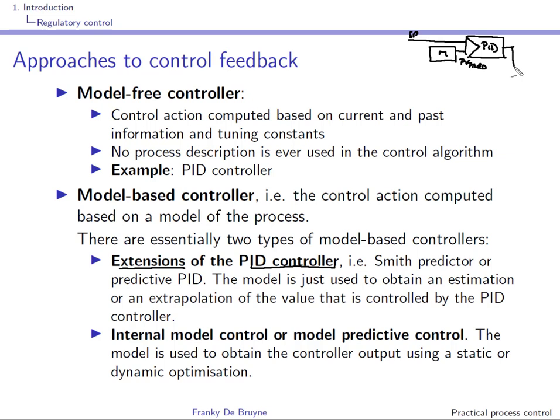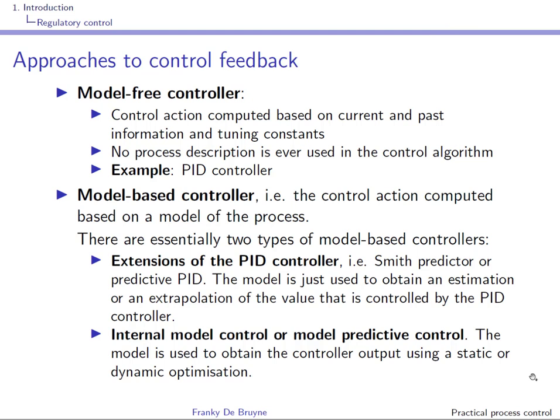Okay, and this model will use MV and it will use PV, right? So you still have a block here with SP coming in, PV coming in, and an MV coming out. It uses a model and a PID controller. So in this sense, this PID controller is kind of recycled to give you a new controller structure, and this will lead to the Smith predictor and the predictive PID controller.